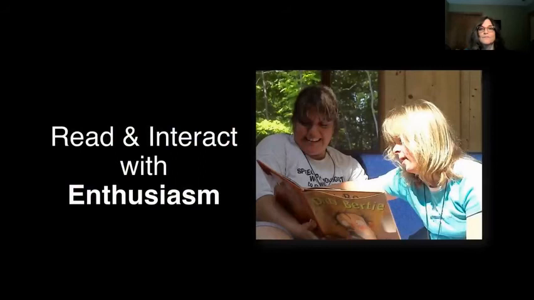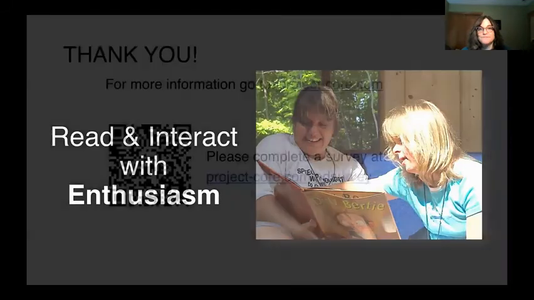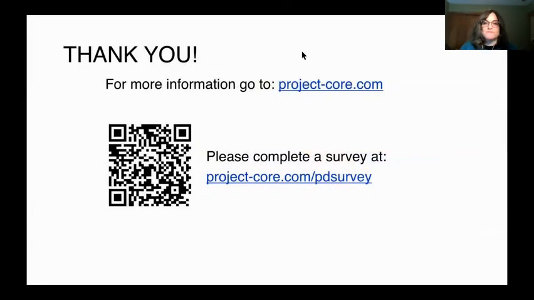Finally, one of the most important things to remember for successful shared reading experiences is to read and interact with enthusiasm. Students are going to be much more likely to engage and interact when adults are enthusiastic readers and excited about interacting with students about the book. This concludes the module.